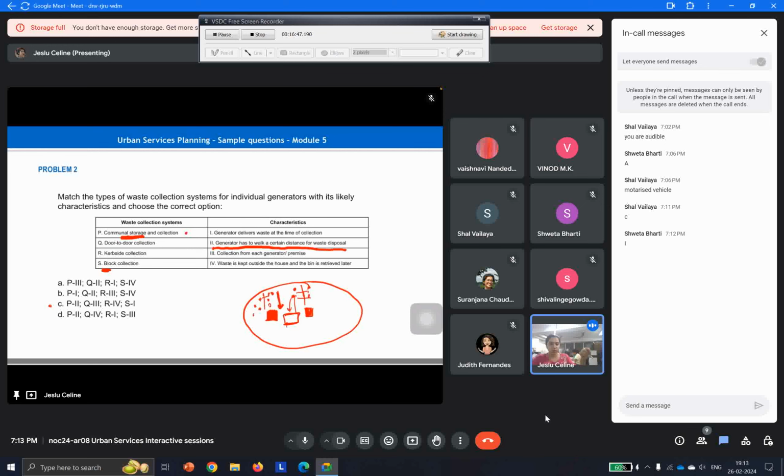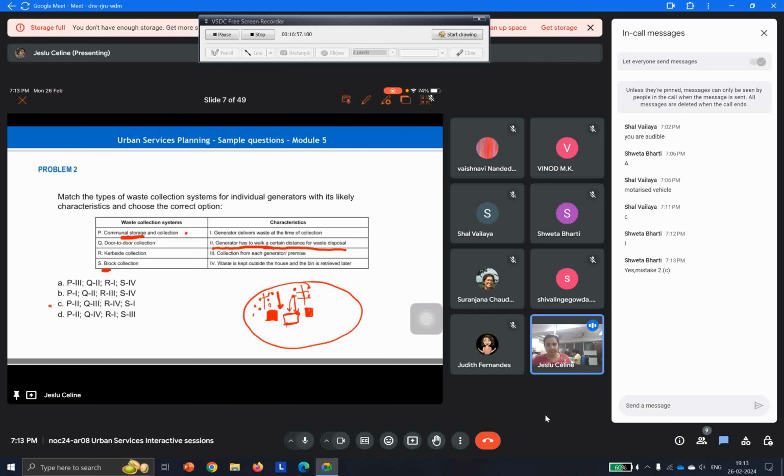So usually he comes and blows a whistle or gives an indication that the person is there, and at that time people will come and deliver the waste. So in that again, the person has to walk a certain distance, but option one, the generator delivers the waste at the time of collection, is more appropriate because it's only at that time of collection. There's no 24-hour service. You're going and giving only at that particular time. So this becomes this and this becomes this.